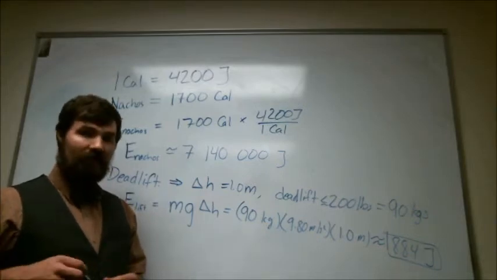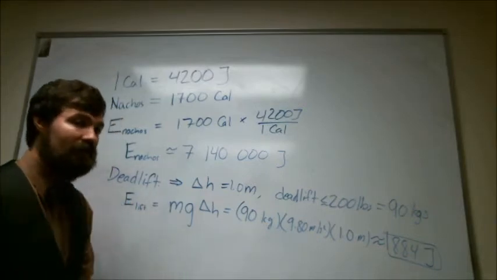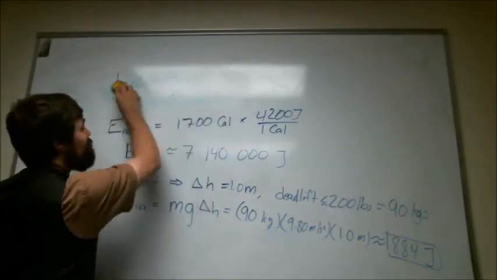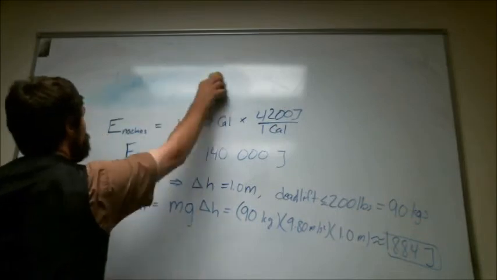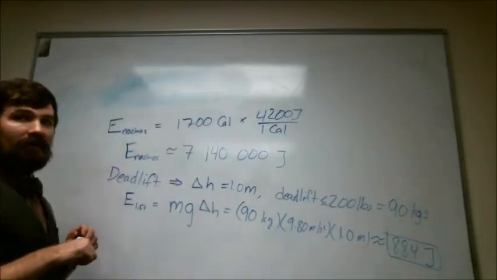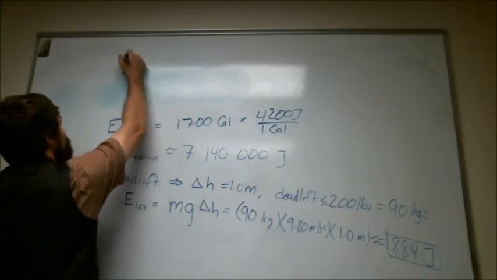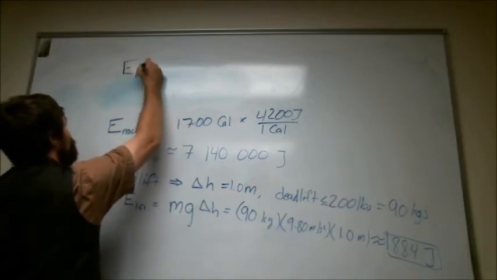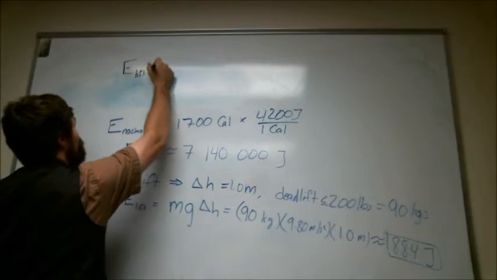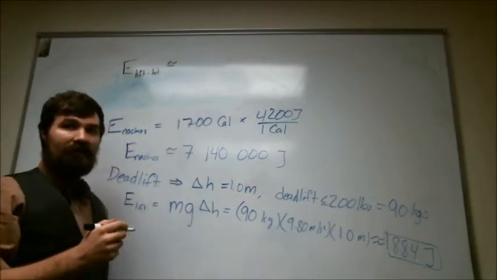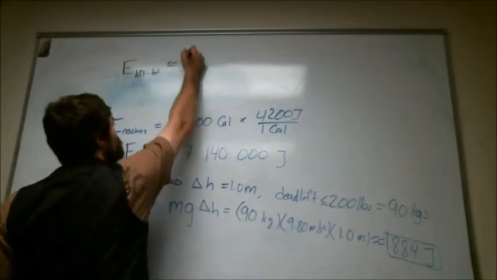Okay, so that combined with the fact that we're going up and down means that for each complete lift, he ends up burning through a total of E lift total of approximately 7,000 joules.